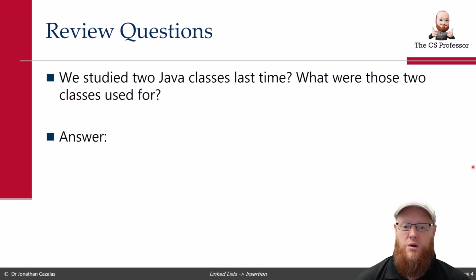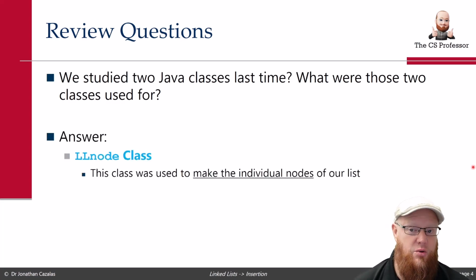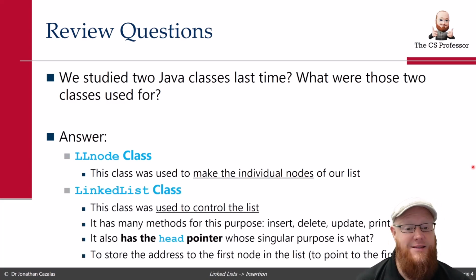The classes were, we first had this LL node class, and what was its purpose? Its singular purpose was to create the individual nodes of our linked list. We then had the linked list class, whose purpose was effectively to control the list. It had all of these methods that we're going to really see in this video and the subsequent videos, to insert new nodes into the list, to delete from the list, to print the list, to modify nodes in the list, and so on.